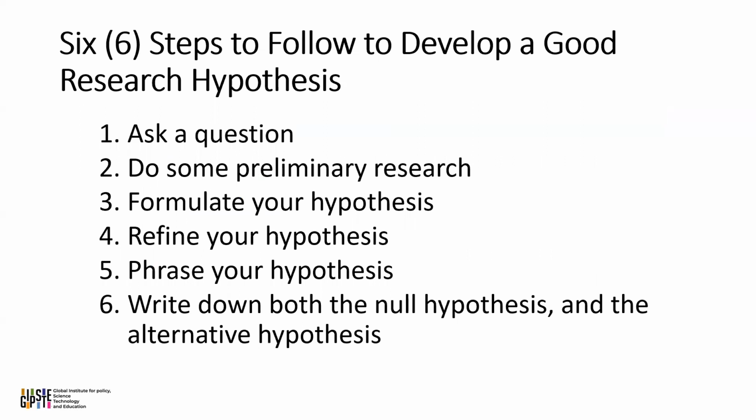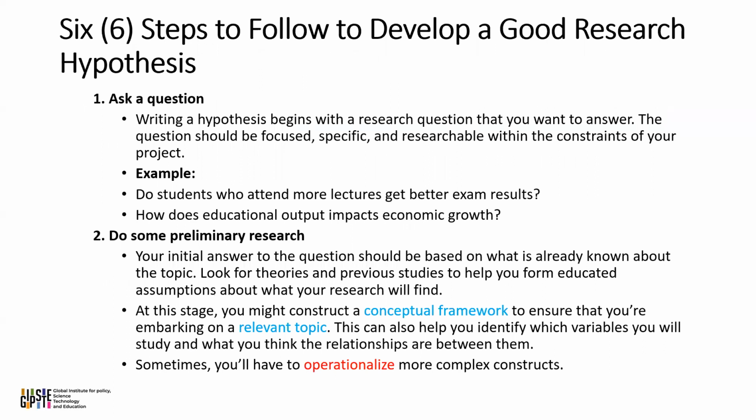There are 6 steps to follow to develop a good research hypothesis. First, ask a question. Second, do some preliminary research. Third, formulate your hypothesis. Fourth, refine your hypothesis. Fifth, phrase your hypothesis. Sixth, write down both the hypothesis and the alternative hypothesis. Let's take them one after the other.